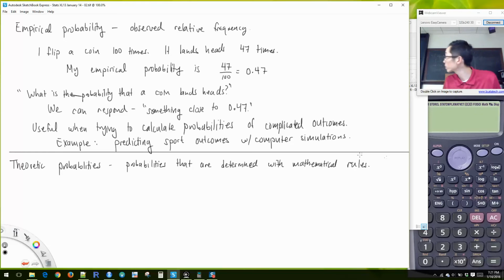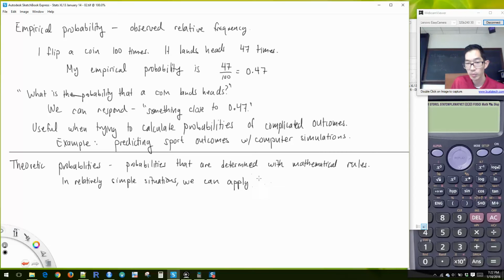Okay, and so in simple situations, the rules are easy to apply. So in relatively simple situations, we can apply these math rules.